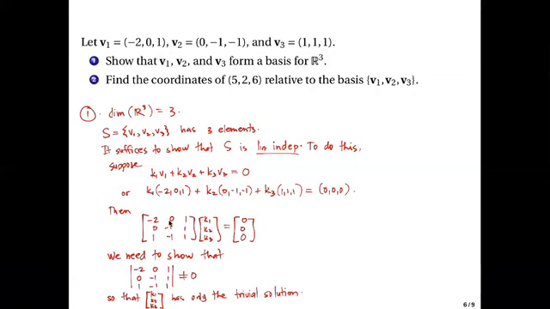Which means this is linearly independent, or the set is linearly independent. Okay? So that means S is linearly independent.